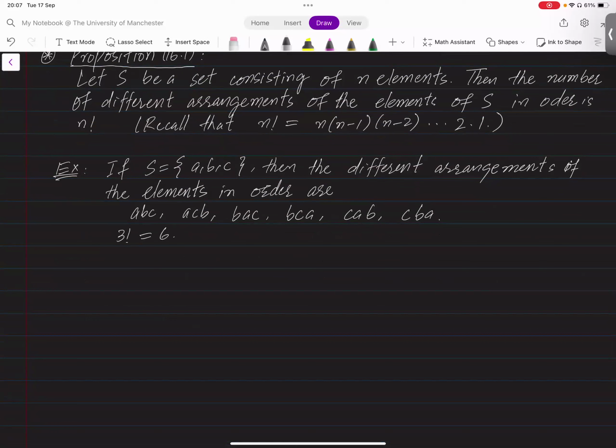There are 6 of them. And we can prove this proposition.